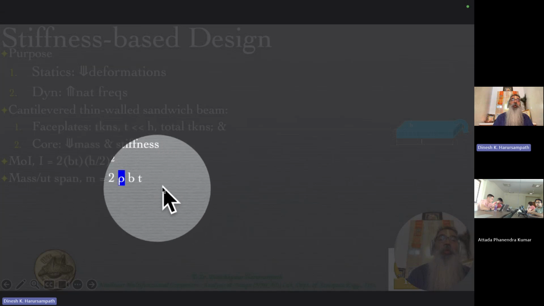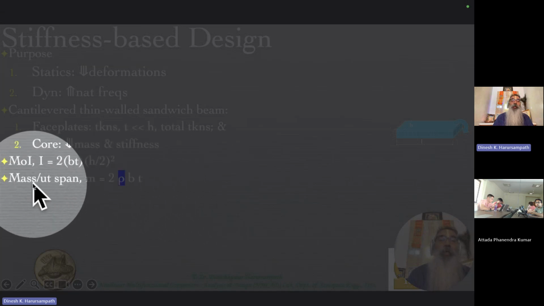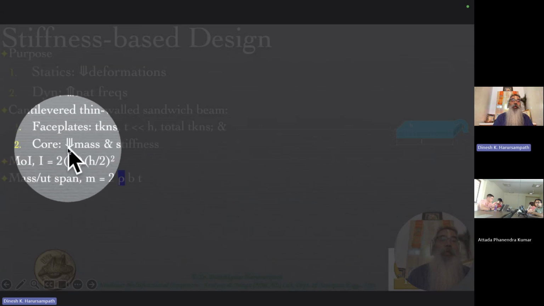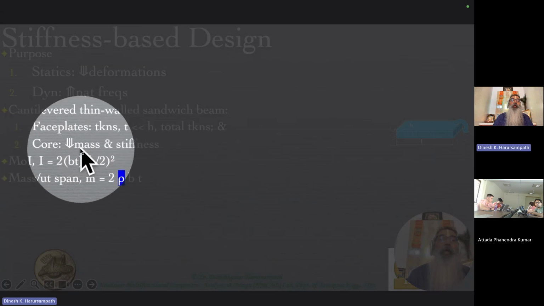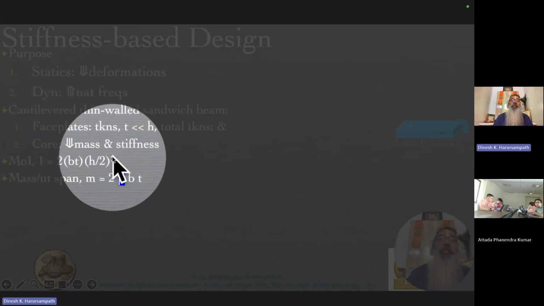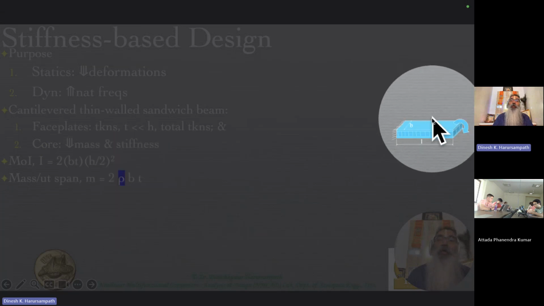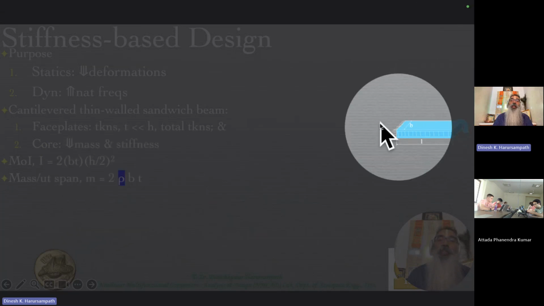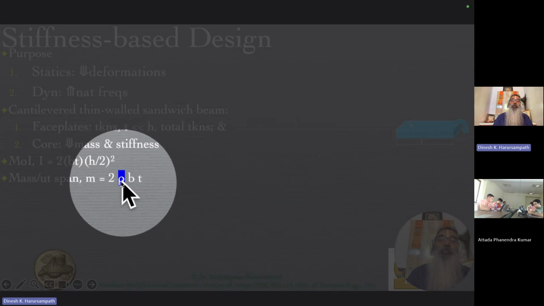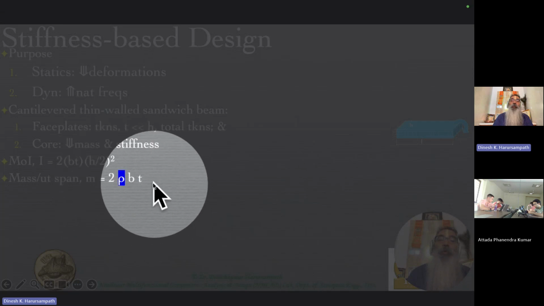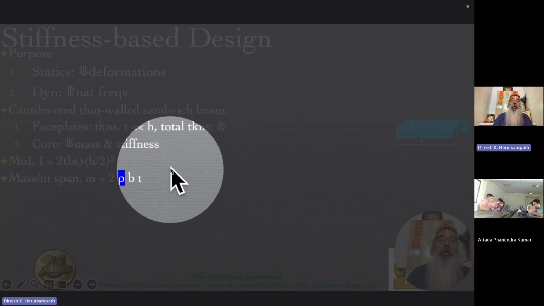multiplied by the cross-sectional area, which is the breadth times the thickness of the face sheets times 2, because only they are contributing to the dominant quantity to the mass, because as I already mentioned through this downward arrow here, the core mass is very small because the core's density is very small. So in other words, if we had rho C and rho for the face sheets, then that rho C will be very small compared to rho, and therefore this is all that is really mattering.